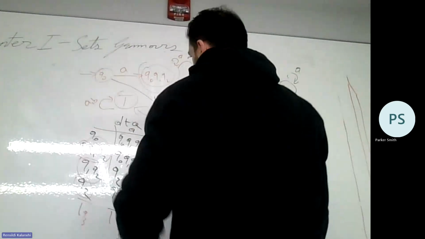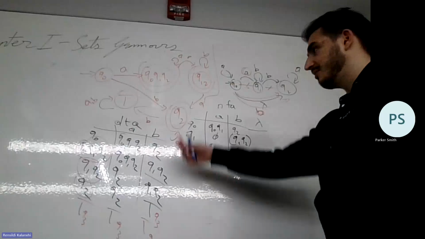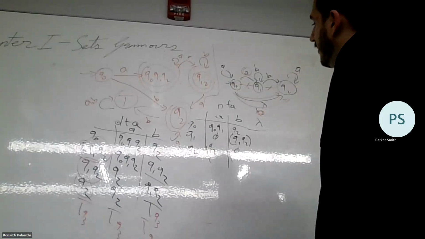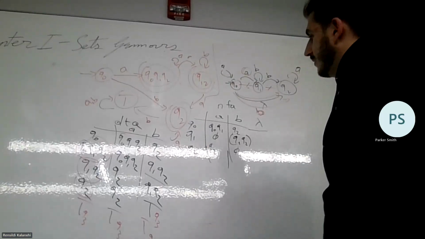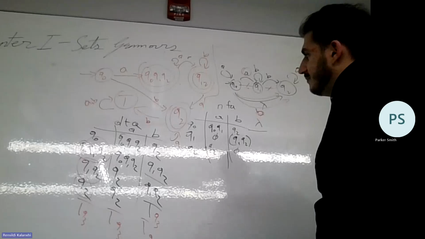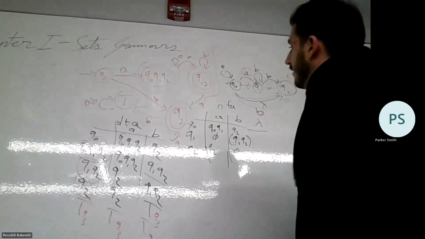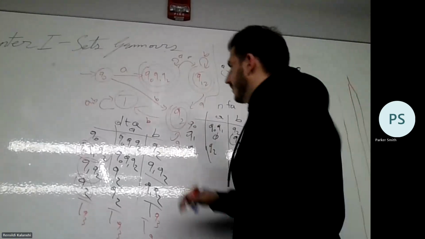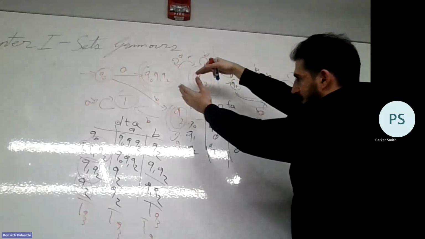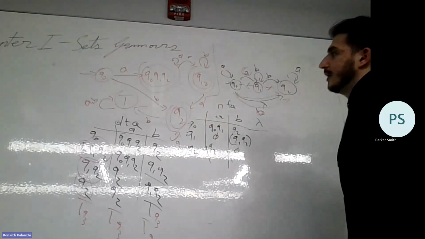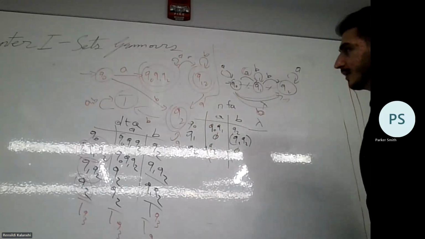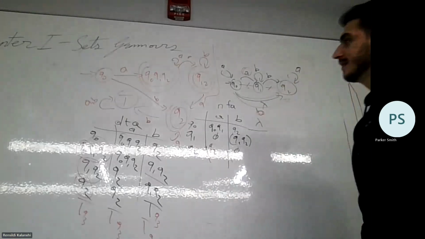Why not Q0 is lambda? Because of the B, right? Since now this lambda is made into two bridges where you can go to the Q2 two different ways.